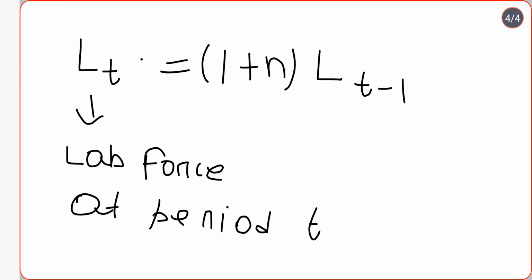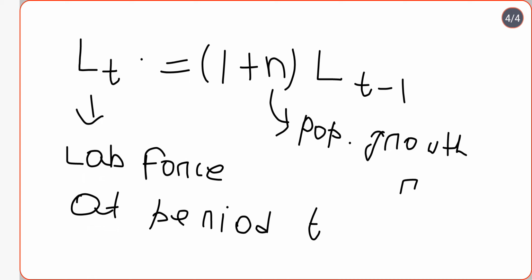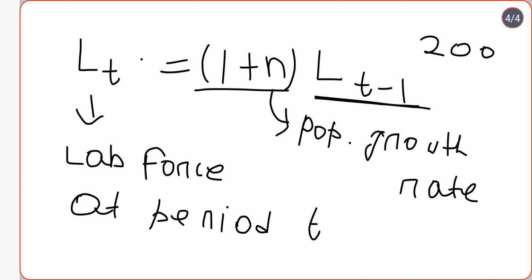Here n is the population growth rate. Suppose the labor force at t minus 1 consists of 200 laborers. The population will grow, so we multiply the previous labor force by 1 plus n to get the labor force of the current period.